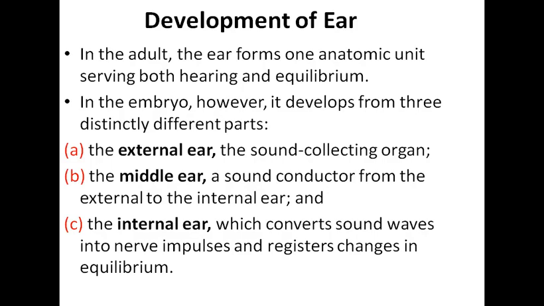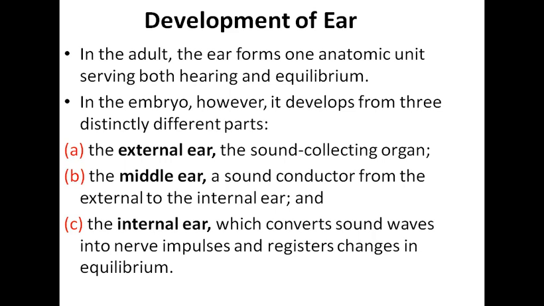So when we look at the adult ear, we find three distinct regions: the external ear, middle ear, and the internal ear. Right? The external ear does the function of sound collection. It collects the sound waves and conveys them to the inner portion of the ear.